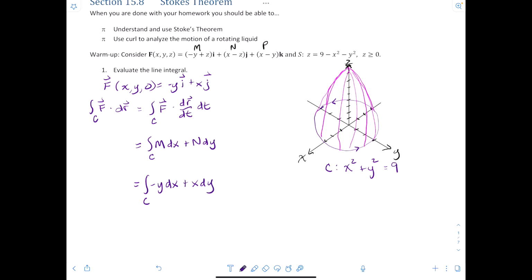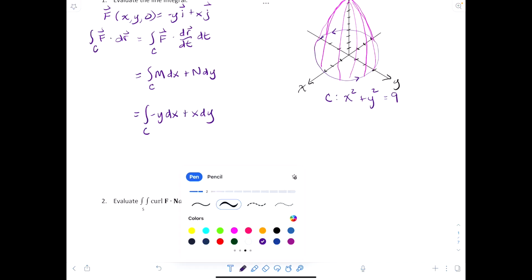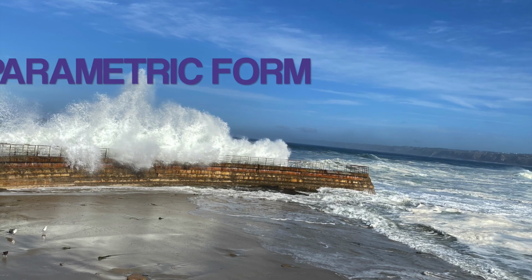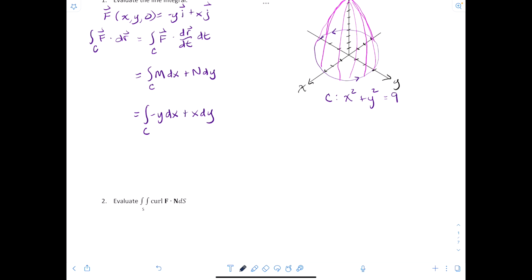Our line integral. So let's put this into parametric form. x will be equal to 3 cos t, dx will be −3 sin t dt. y will be 3 sin t, and dy will be 3 cos t dt.